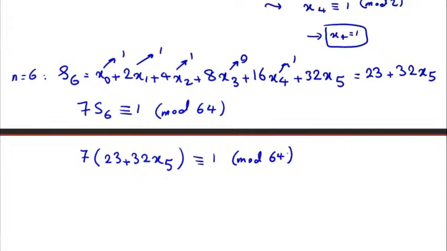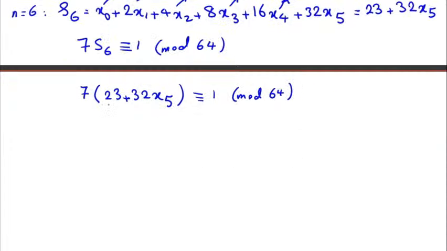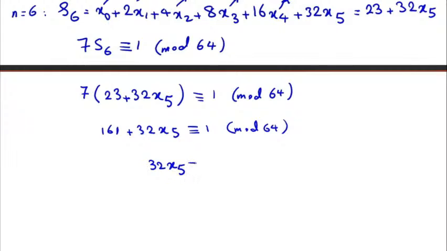So, here, 7 times 23 is what? Let's calculate. 7 times 23, 7 times 3 is 21, we have 2, 161 plus 32x5 is congruent to 1 mod 64. If we take 161 to the right-hand side, 32x5 will be negative 160 mod 64.